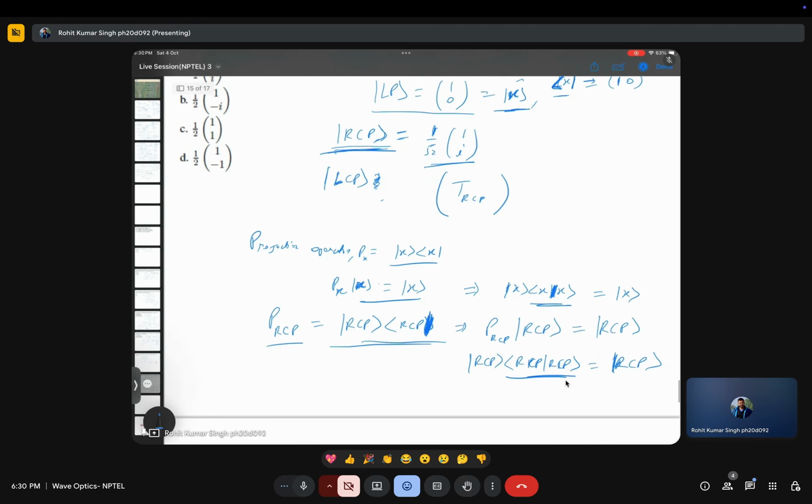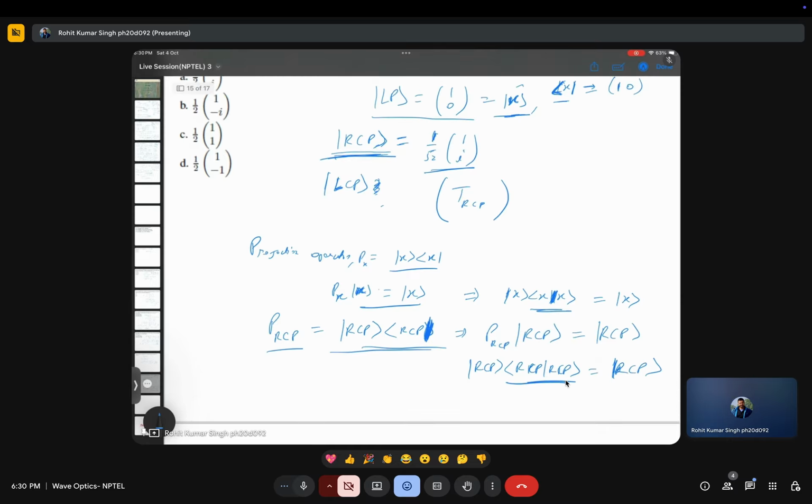You can calculate this, because RCP is this, and the conjugate part you can write like this, 1 minus i, and now you just have to multiply these two matrices.